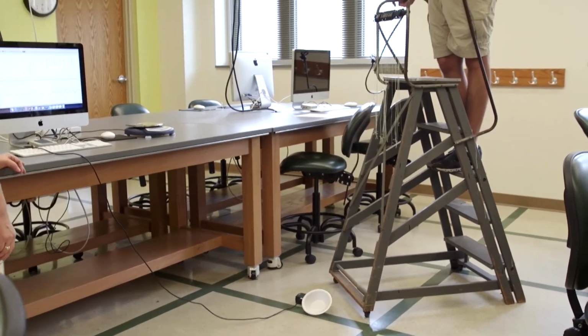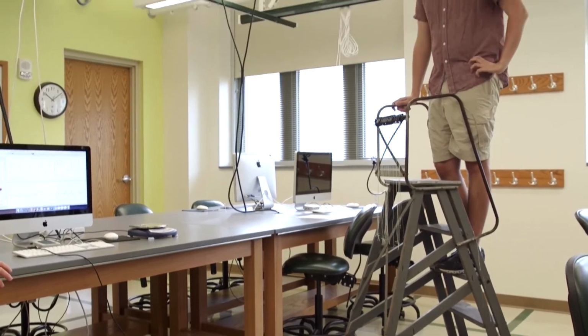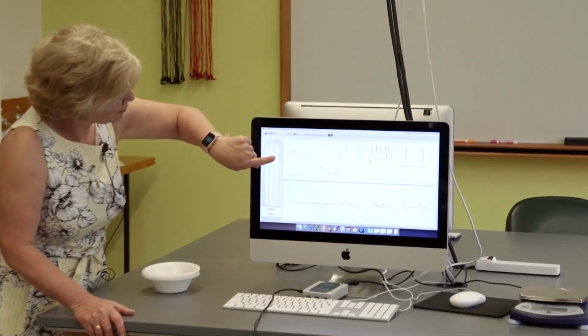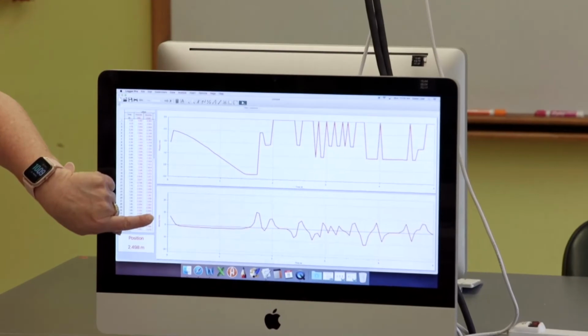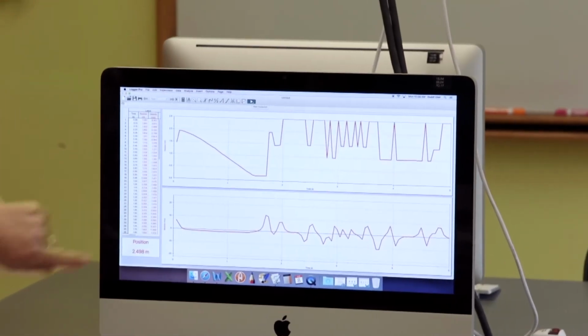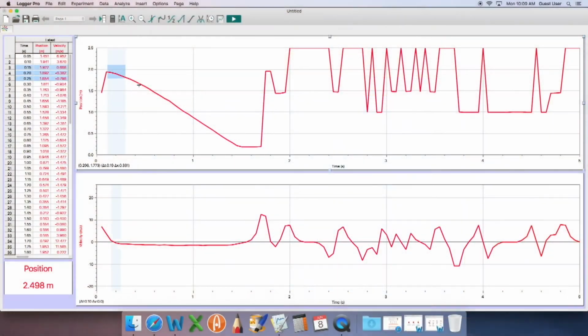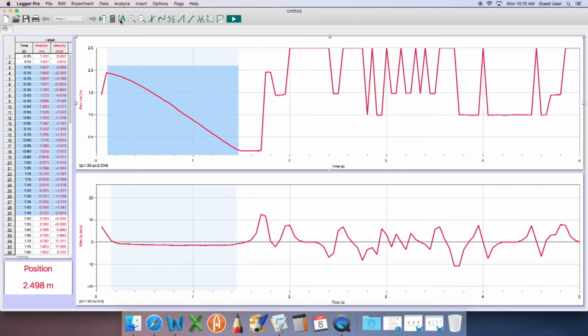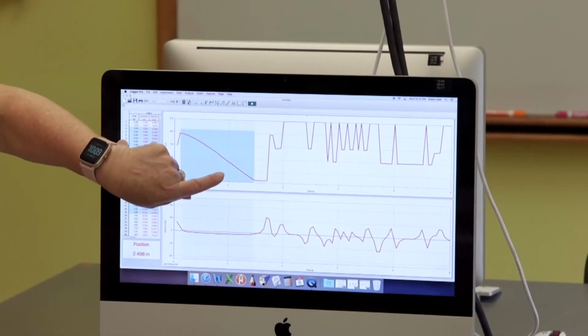Okay. So in this graph, you have the position versus time graph and the velocity versus time graph. You can use either of them. I will zoom in and see how the graph changes.